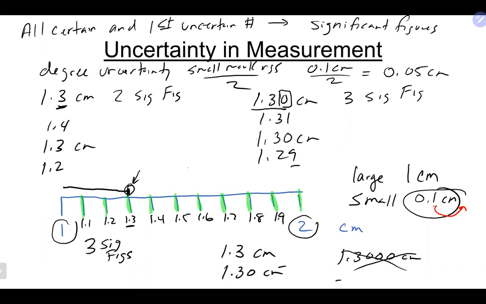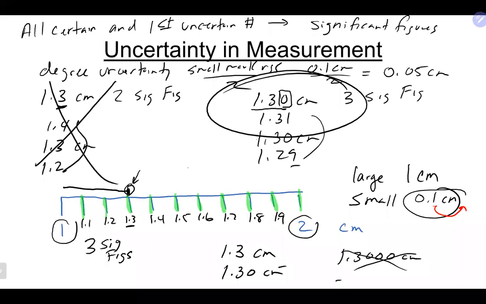Because when you get rid of that 0, you pretty much made your measurement bad. There's a big difference in error between these two versus these two. So this would be the correct way to record that.